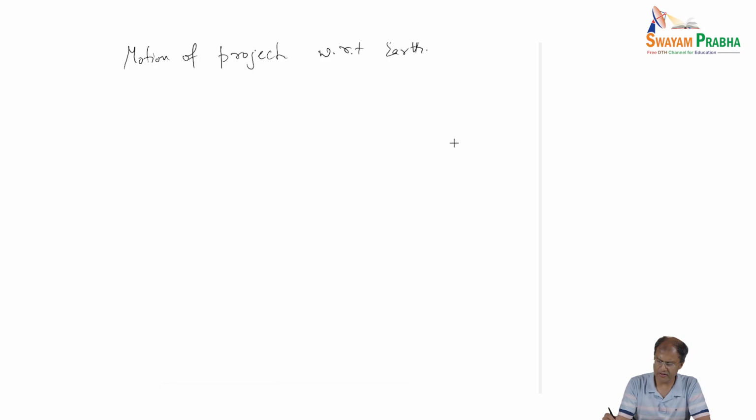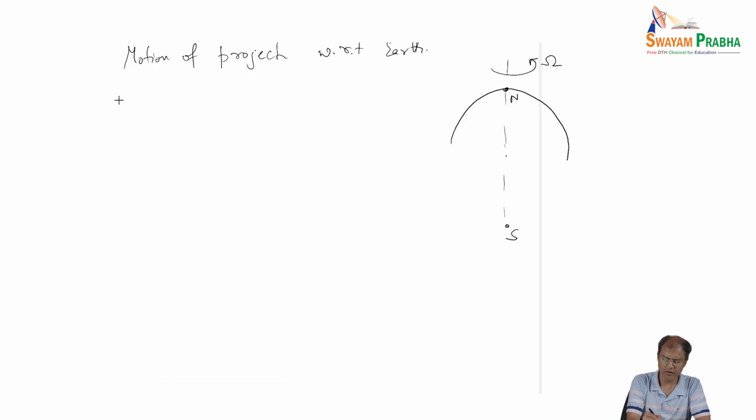So what we have is, we have the earth, and we know that the earth is also rotating. So let us say the rotational axis of the earth is, so this is the north pole of the earth, and let us say the south pole of the earth is S. So the rotational axis of the earth is omega, given by omega times the Sn axis, the south north pole axis, right?